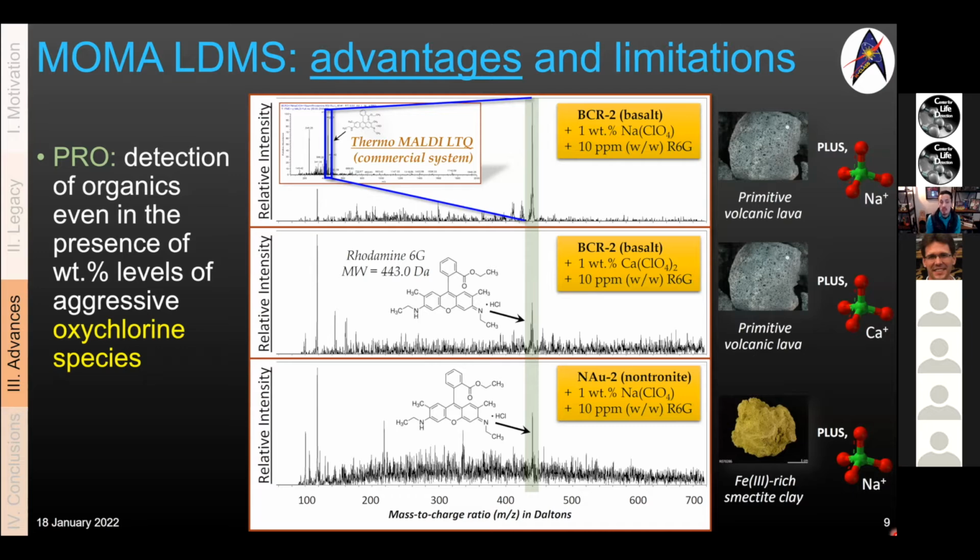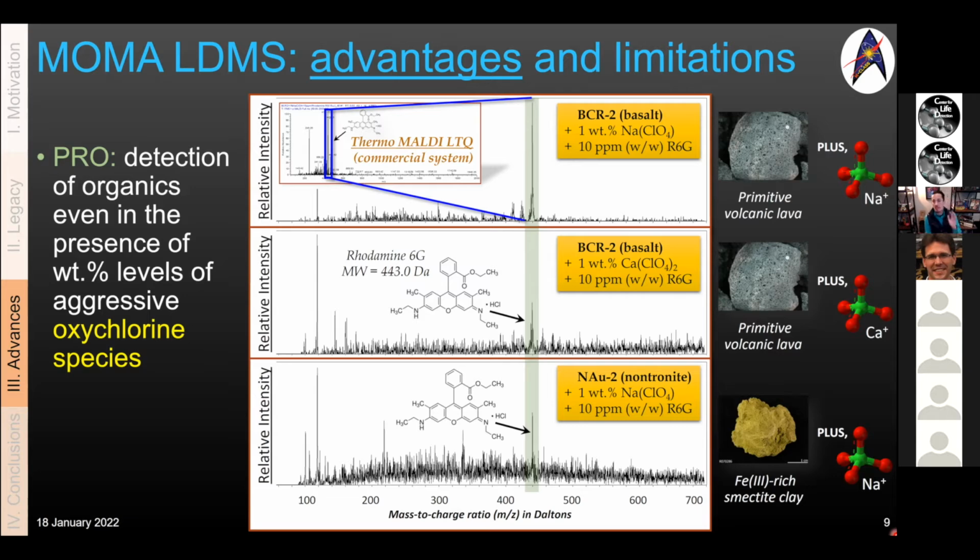And so a laser source has an advantage: the pulsed laser is like 5 nanoseconds. Our pulse width is around 5 nanoseconds. MOMA is around 2 nanoseconds. Whereas a pyrolysis experiment can last many minutes as you slowly increase the temperature of that aliquot of sample. The advantage of having a really short burst of light to ionize your sample is that you can effectively see through the perchlorate.